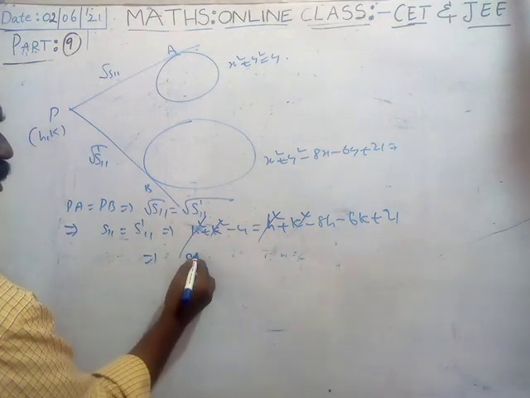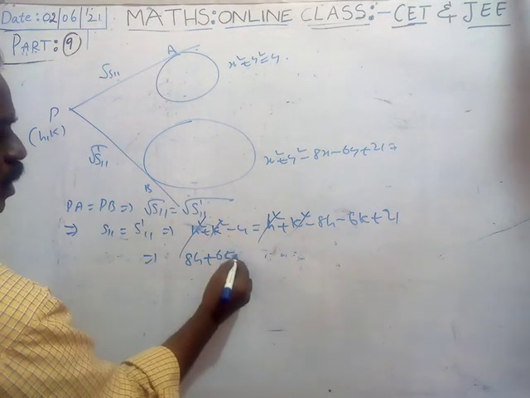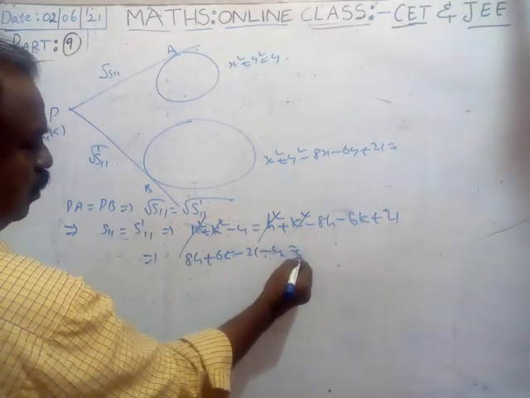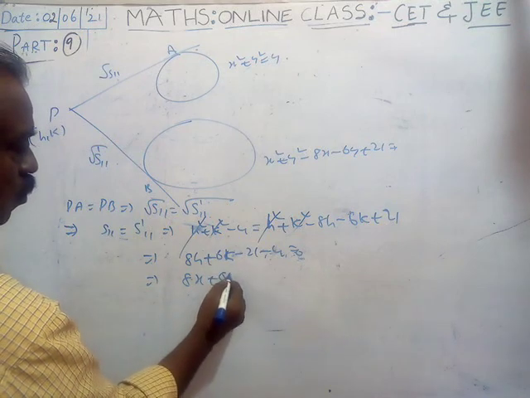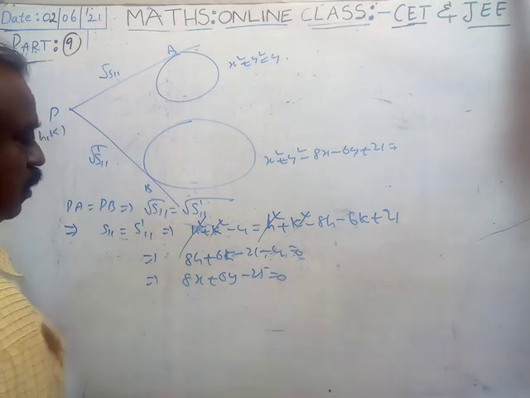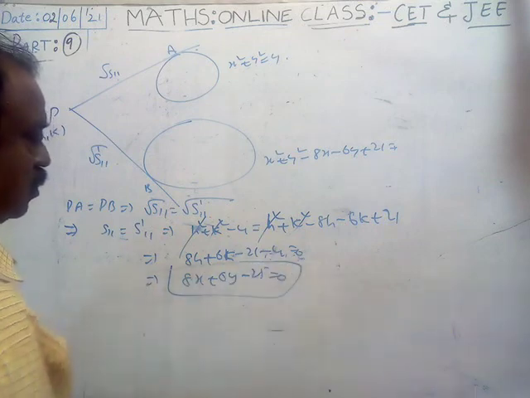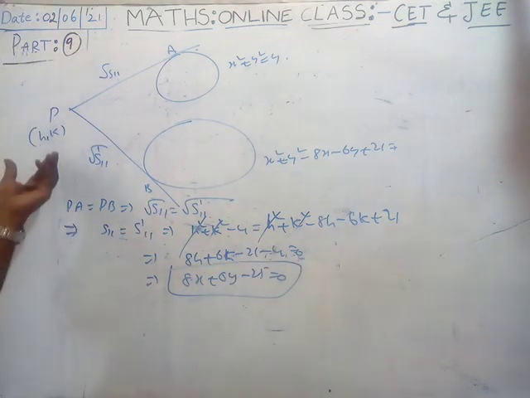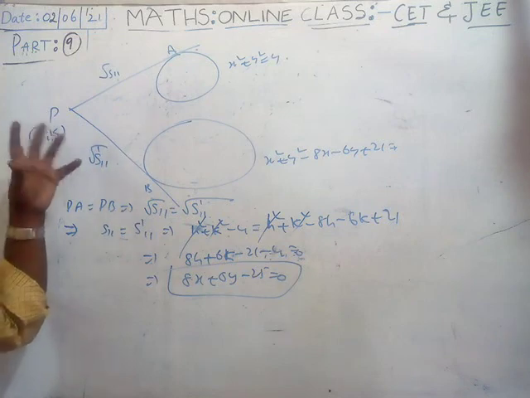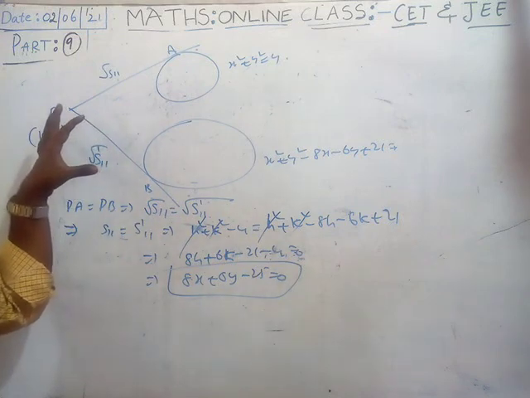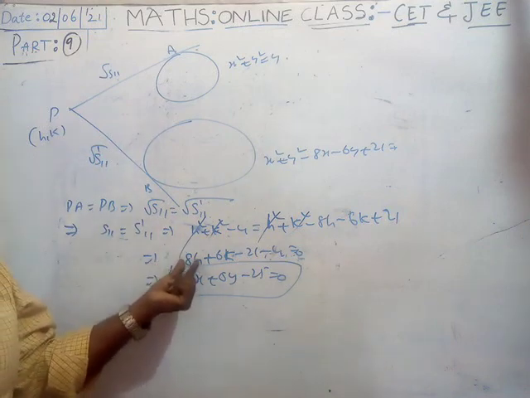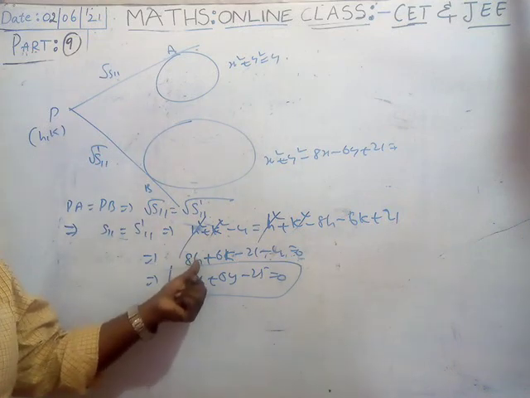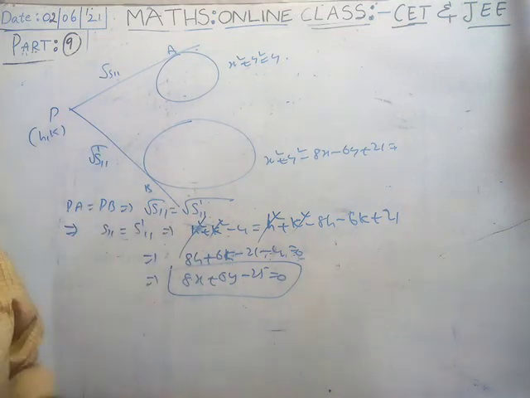We get 8h + 6k − 21 − 4 = 0, that is 8x + 6y − 25 = 0. So this is the locus, because we take (h, k), the point moves so that its lengths are equal, with one condition. At last we substitute x for h and y for k, then we get the locus equation.